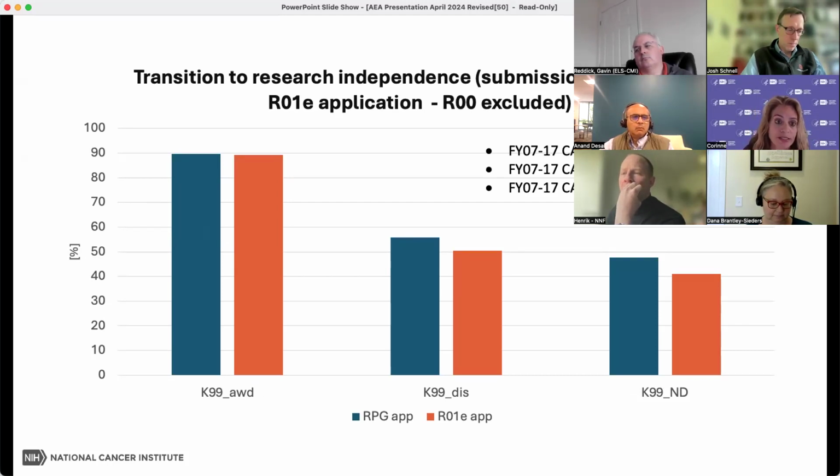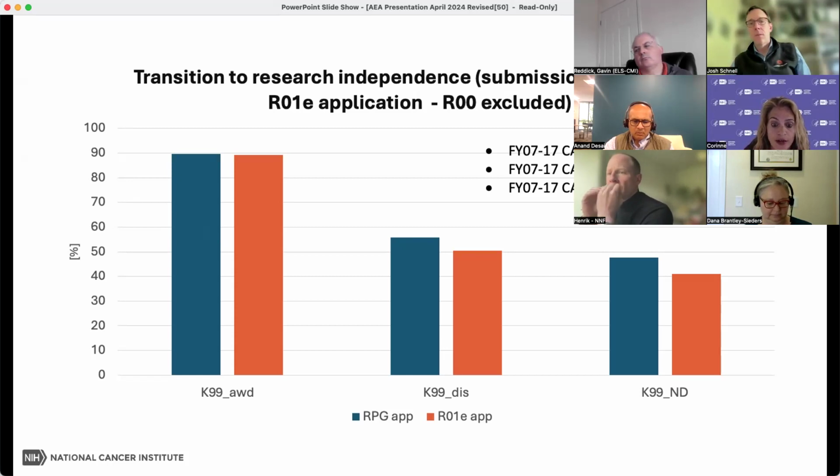These are applicants who applied for the K99 and under the discussed groups received scores but were not funded, and the K99 not discussed groups applied but were not discussed. And as you can see, again, the K99 were the most successful in application for both RPG and R01 equivalents. Next slide.